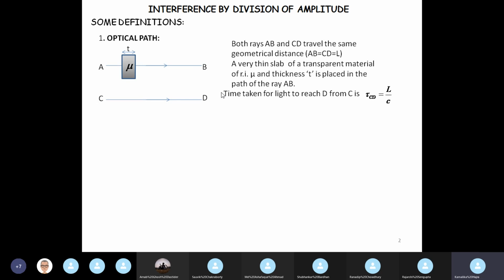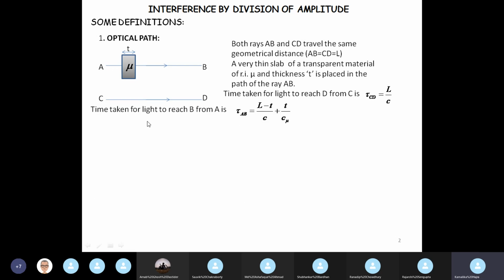Okay, so the distance is L for both AB and CD, and light travels with the speed c, small c, as you all know. So the time taken for light to reach D from C, where there is no other material in between, it just travels in air. If we denote it by tau CD, then tau CD is equal to L by c, distance by speed, time taken.